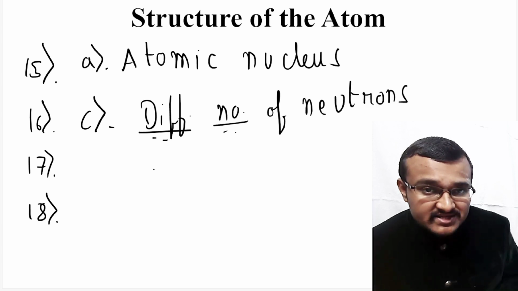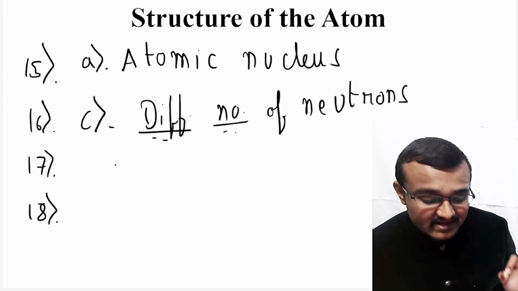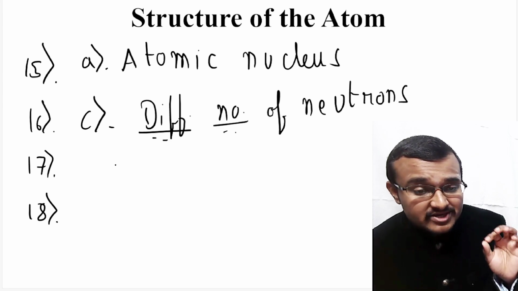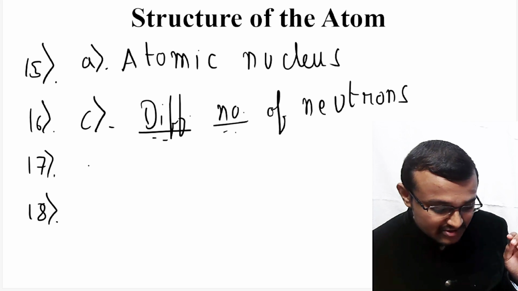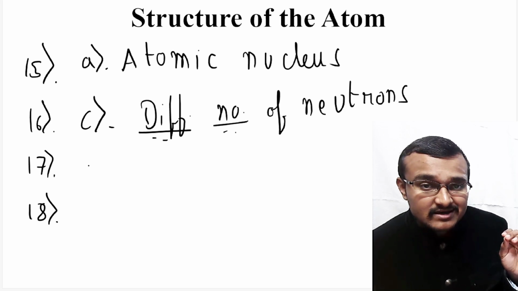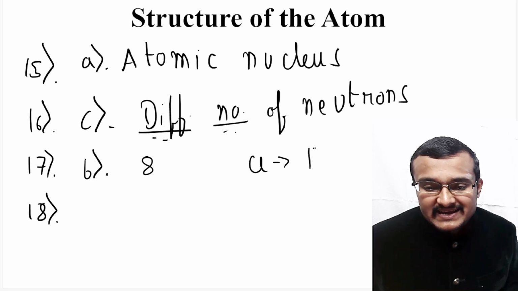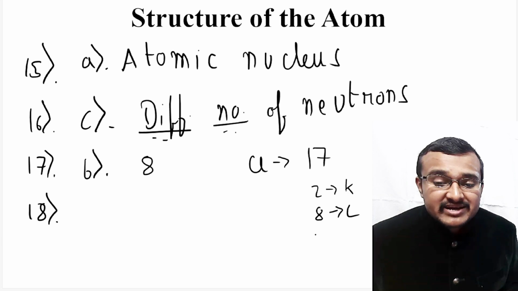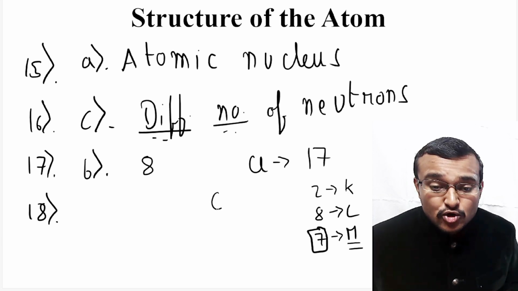Coming to the 17th question in this exercise, there they have given number of valence electrons in Cl ion. So here you should see they have asked for chlorine ion. So the number of valence electrons for chlorine ion is option B, that is 8. Because chlorine has 17 electrons in it. So 2 electrons will be in K shell, 8 electrons will be there in L shell. So the remaining 7 electrons will be there in M shell. But here they have asked for chlorine ion.